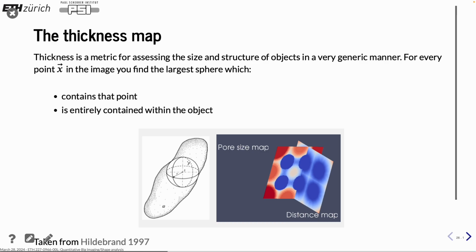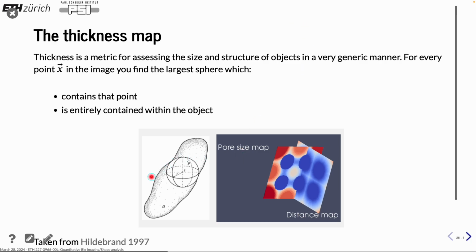An alternative to the distance map, which just tells us where the distance is, we can use the thickness map, which tells how large the largest sphere is that you can inscribe in some area.